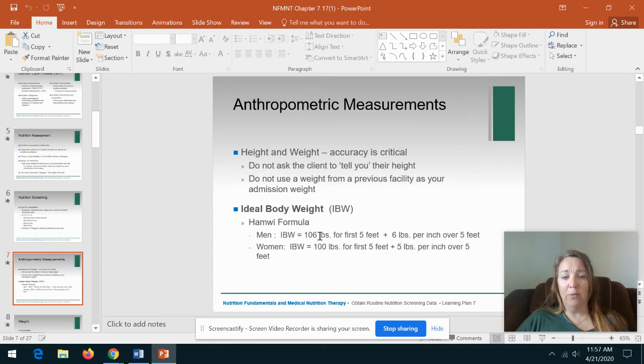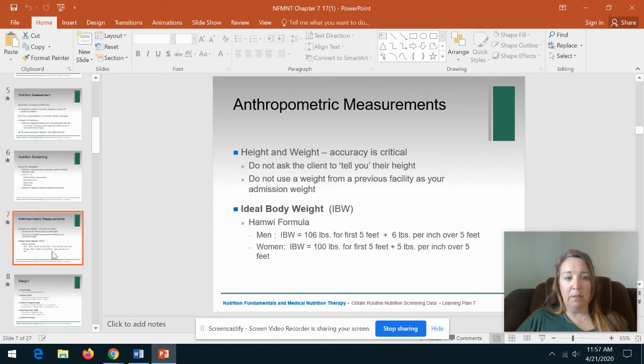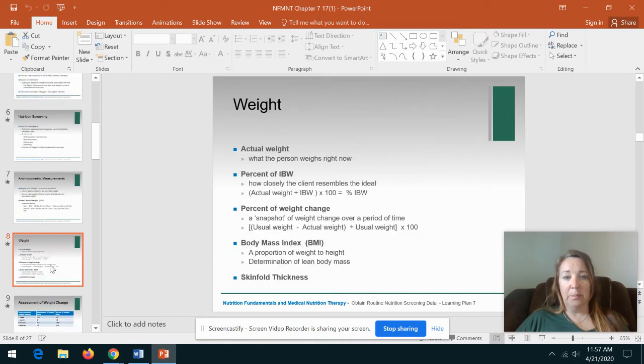A 5'5" male, we would get 106 pounds for the 5 feet. And then we'll take that 5 inches and multiply it by 6, and you come up with 30. Add that to 106. So the ideal body weight for a male who is 5'5" is 136 pounds. Okay. We'll do some practicing with that coming up.